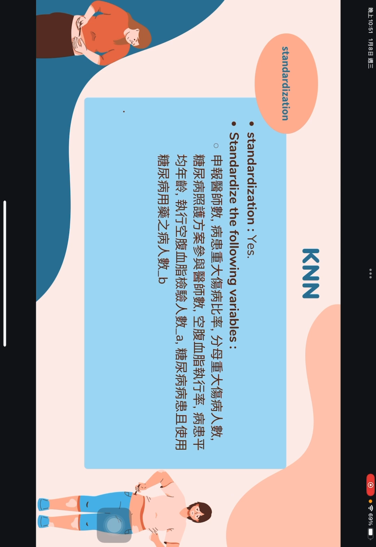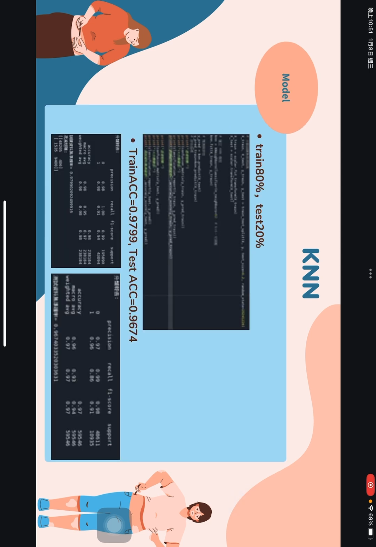And I standardize the following variables. Then I built the model and found that its training accuracy equal 0.9799 and test accuracy equal 0.9674. The following is my code and result.